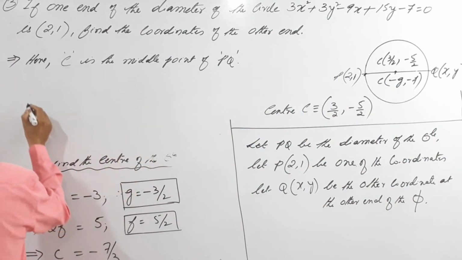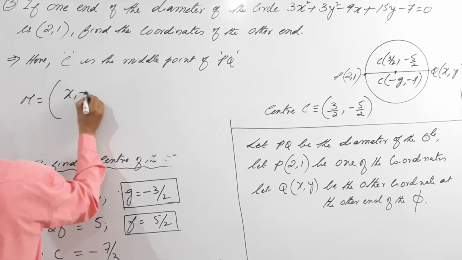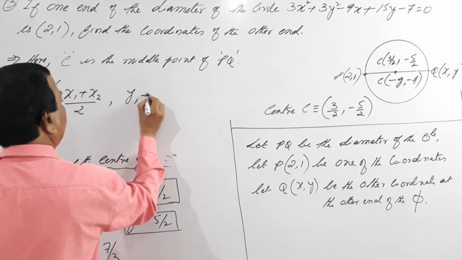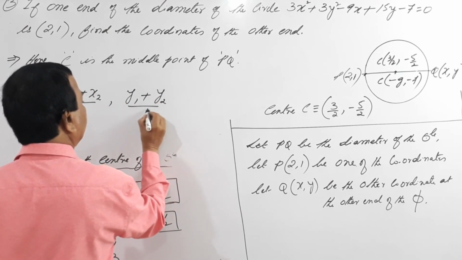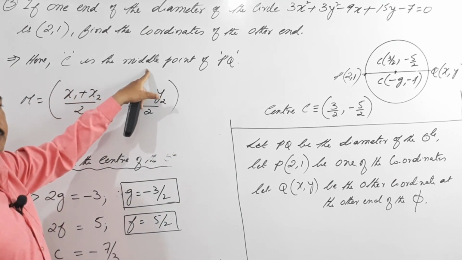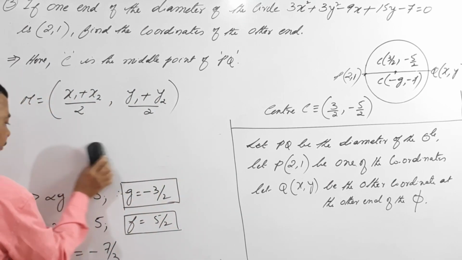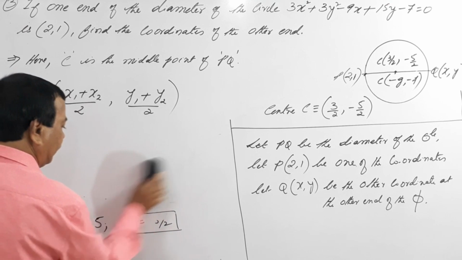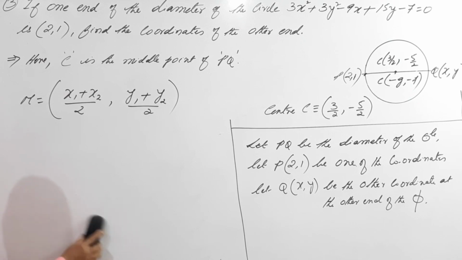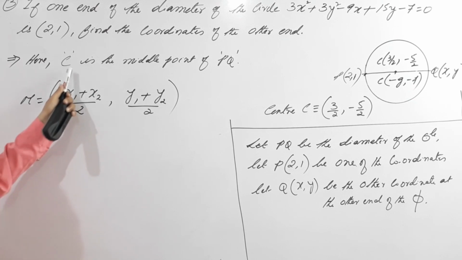What is the midpoint formula? It is nothing but x1 plus x2 by 2 comma y1 plus y2 by 2, isn't it? I have considered C as the midpoint, so I will replace M by C. So M equals C equals x1 plus x2 by 2 comma y1 plus y2 by 2.